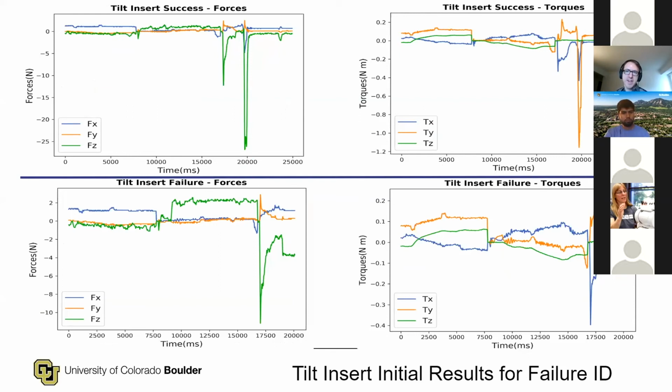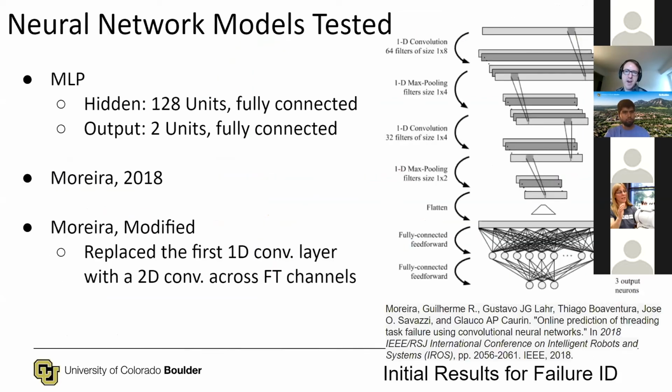And we saw this when we tried to automatically differentiate success and failure using our neural network models, which we developed for that purpose. We deployed several models, beginning with the simplest multi-layer perceptron possible. We compared this to an example from the literature by Moreira et al. And we also modified this model with hopes of getting improved performance.